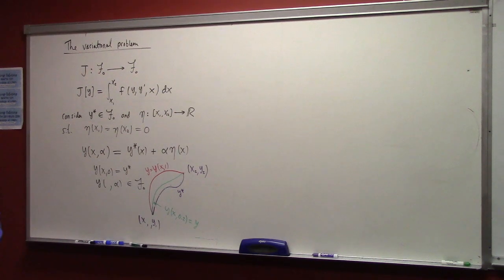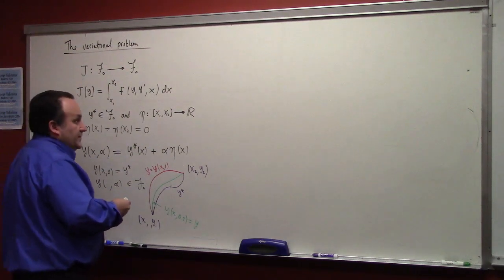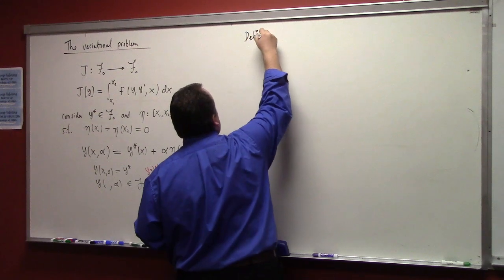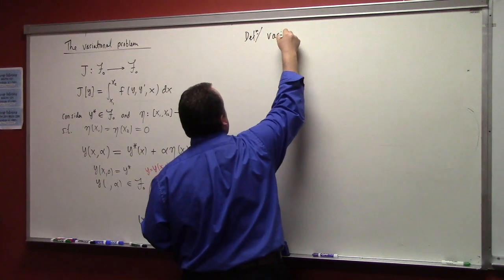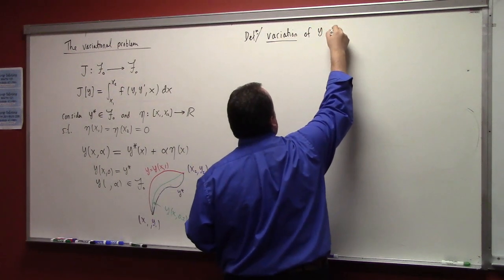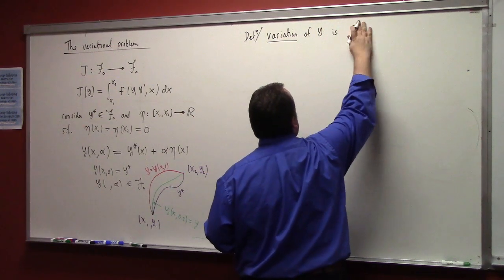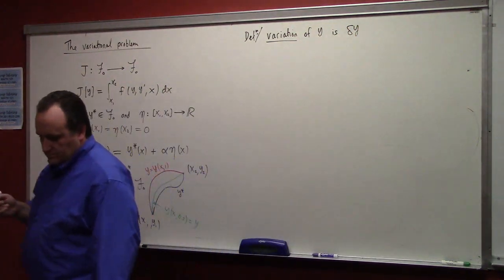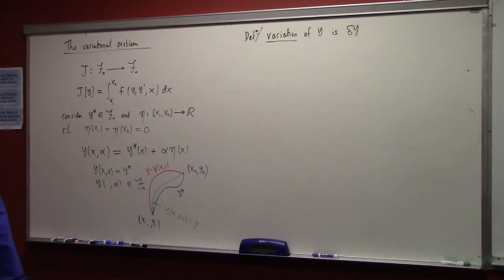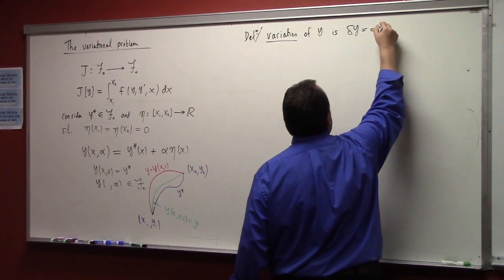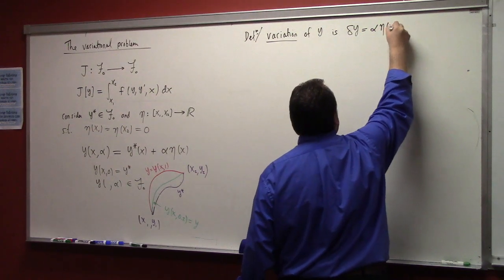So we define a variation of y. Definition: the variation of y is delta y, equal to alpha eta of x, okay?